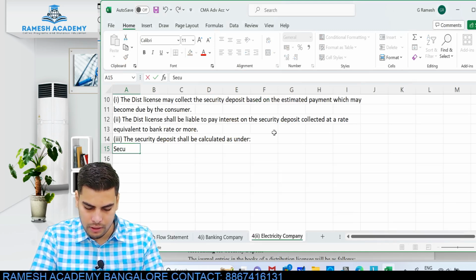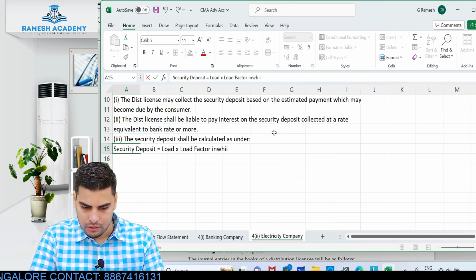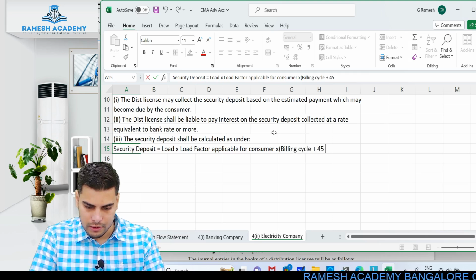So security deposit will be equal to load into load factor applicable for consumer, into billing cycle plus 45 days, into tariff rate.